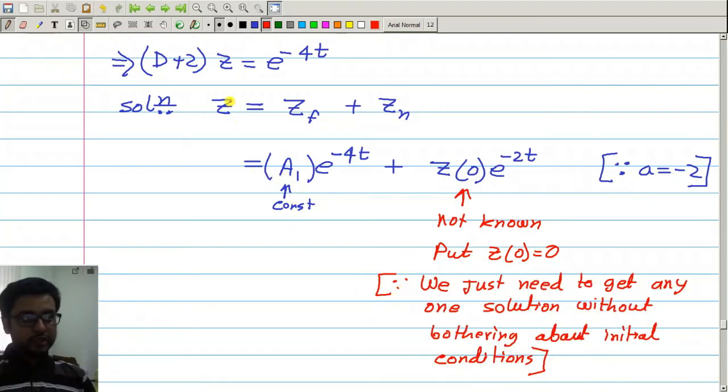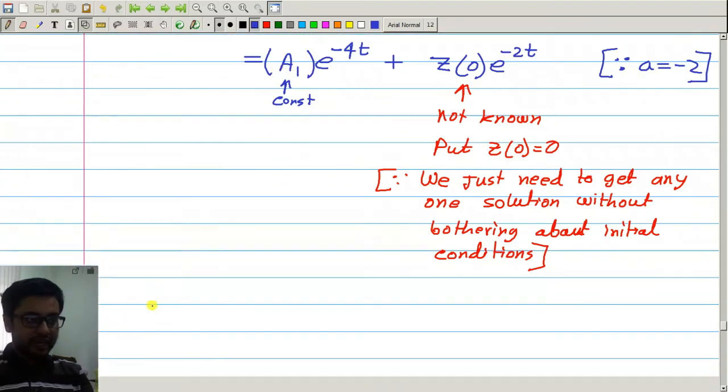So now we know that z will be of this form, a1 e to the power minus 4t. We are not even finding the exact value of a1 at this point.